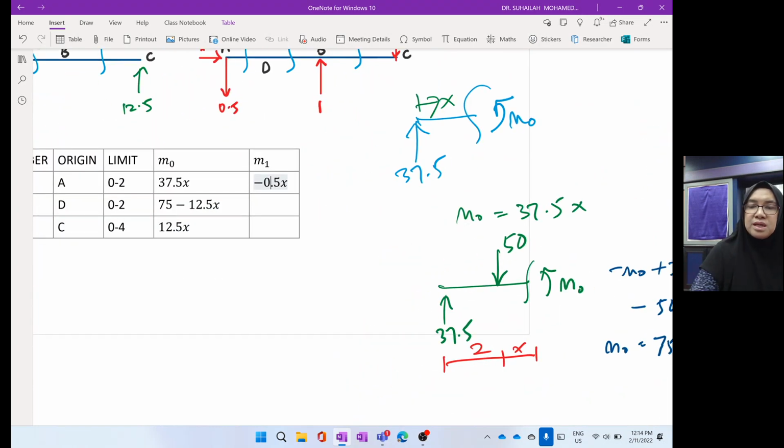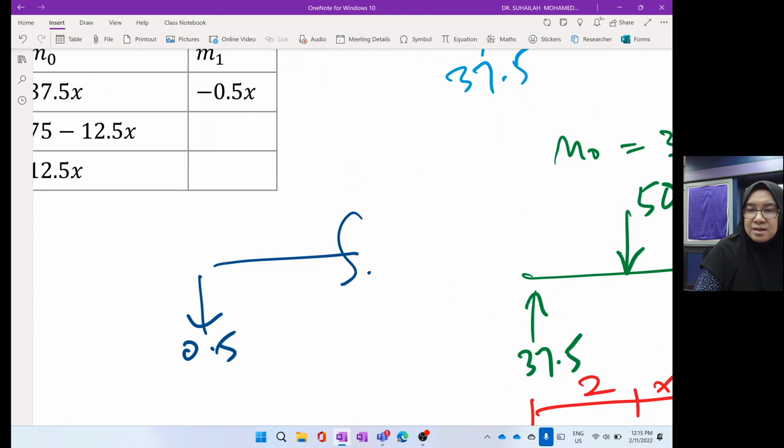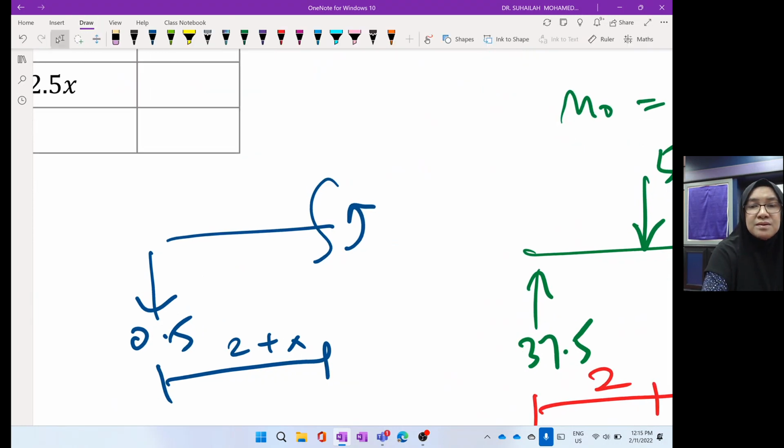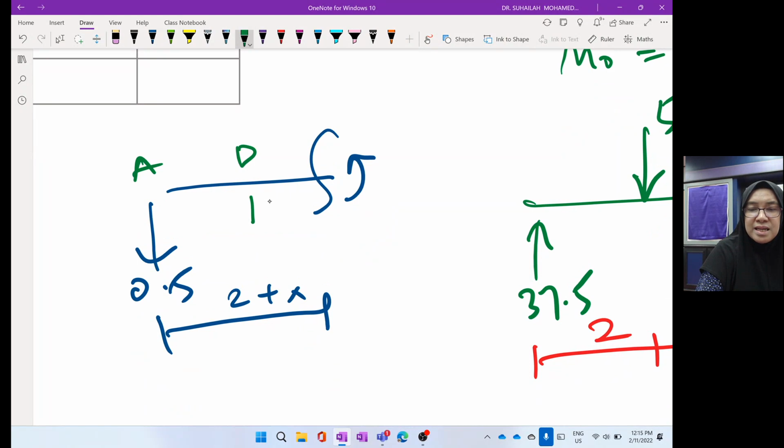DB. So it is like this, 0.5, right? The distance is 2 plus x, because here earlier A, here D, and x we start from D. Right? X starts from D. So this is x, so it is 2 plus x.